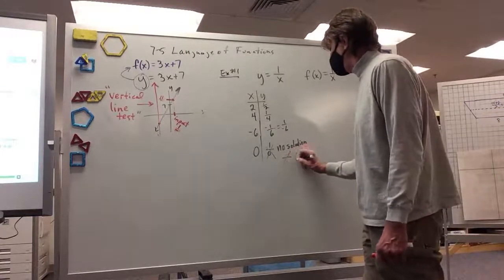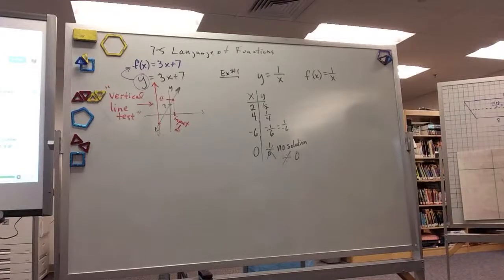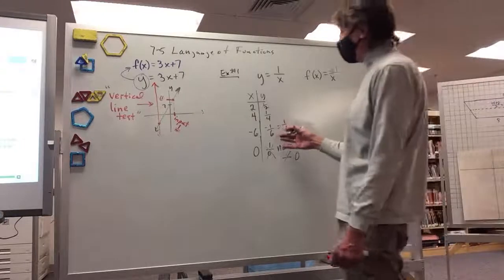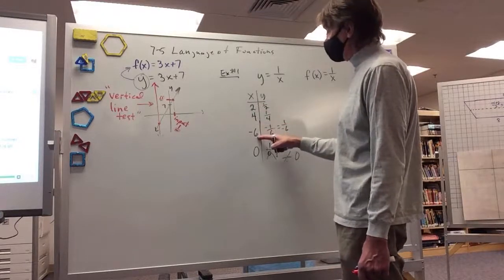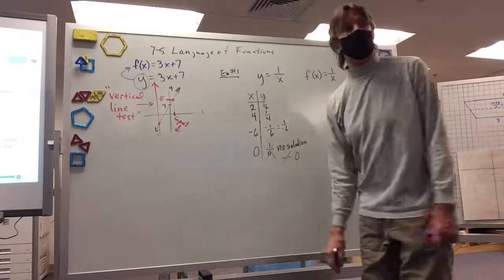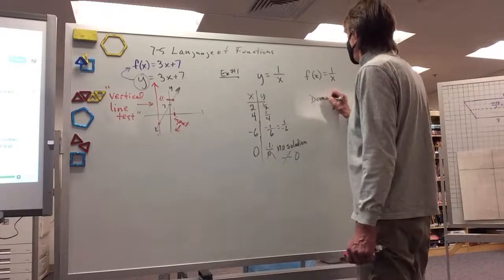No division by 0. Not allowed. It's undefined. Division by 0 is undefined. So when this thing gets graphed, it looks like the domain could be any number except 0. So the domain, and here's how we can write this.